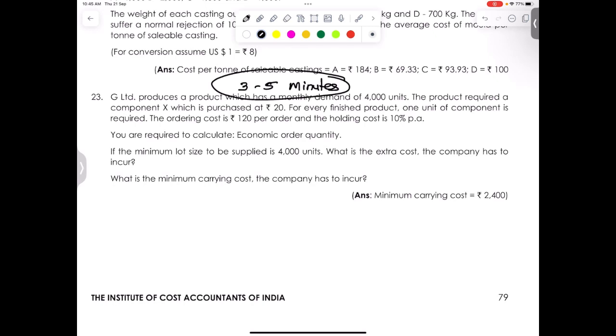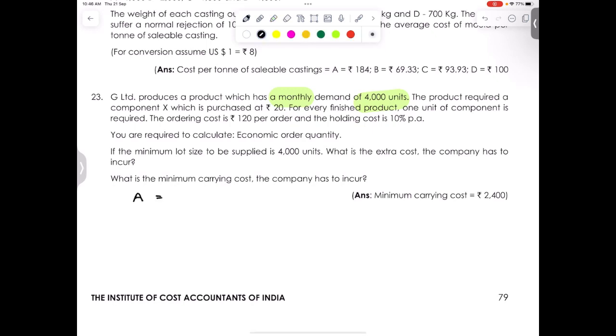Okay, my dear students, I am starting this question. Please pay attention. So, what information have we been given? The first piece of information where some students might commit a mistake: 4,000 units is not the annual requirement of raw material, it is the monthly requirement of raw material, while we require the annual requirement.